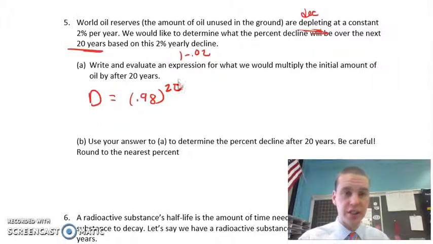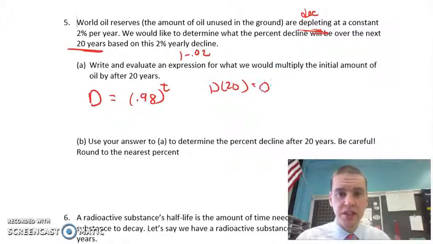I probably should have said this here, D of t. And then I can find D of 20, because we want to know after 20 years, 0.6676. The thing that we need to realize is, what does this 0.6676 mean?